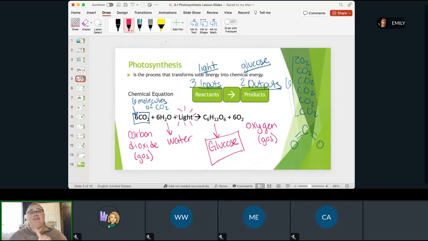And it also makes 6 oxygen molecules. So it takes a lot of carbon dioxide and water to make one glucose. With me on this so far? This reaction is important for you to know.